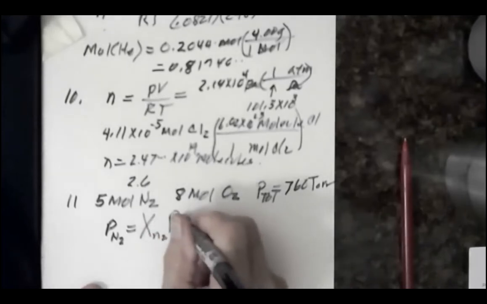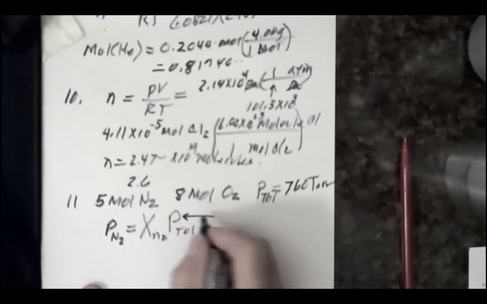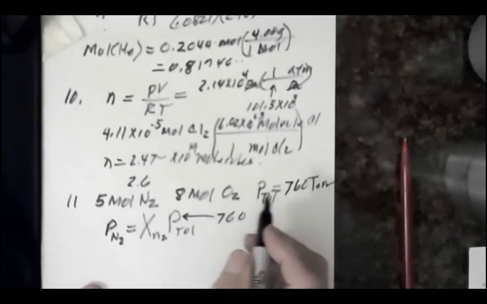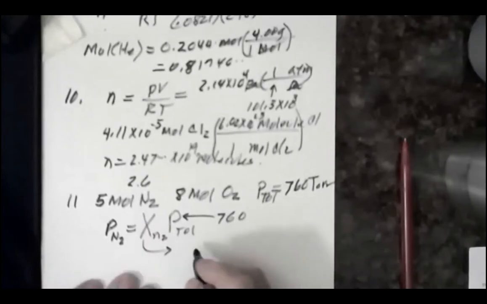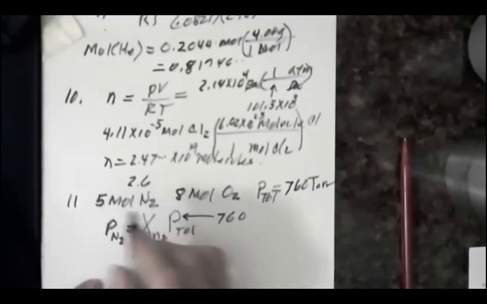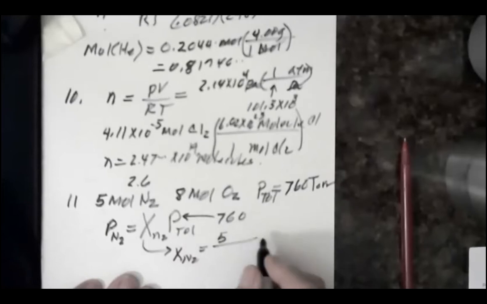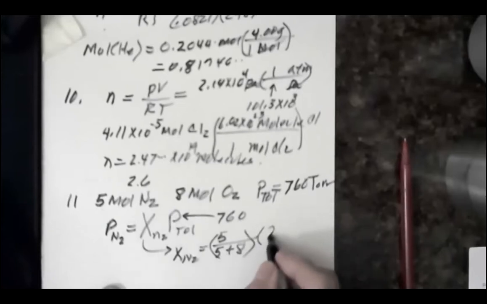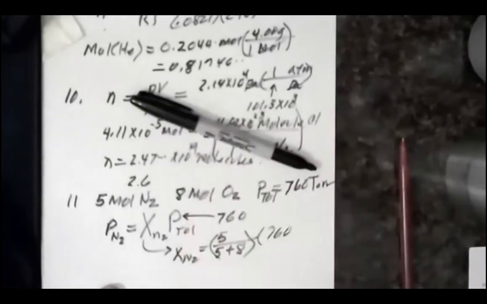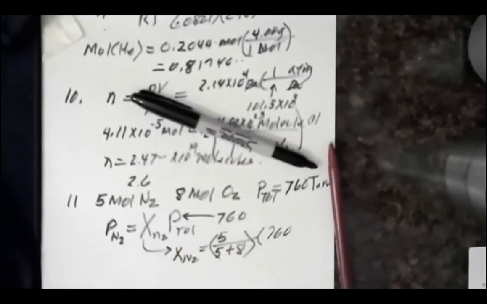Okay, so I know the total pressure. Total pressure is 760 torr. Let's get the mole fraction of the nitrogen. The mole fraction of nitrogen is going to be the moles of nitrogen, 5, divided by the total number of moles, 5 plus 8. So my pressure due to nitrogen is going to be this number times 760. Let's just do that all in one swoop.